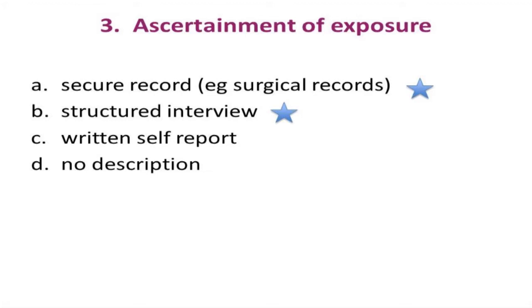If you're going to assess the risk of preterm birth in smoking mothers, you have to assess the smoking status of the mother before the baby is born preterm, preferably, because otherwise you may be dealing with recall bias, as we call it. Written self-reports or no description at all of how you ascertain the exposures are not good.